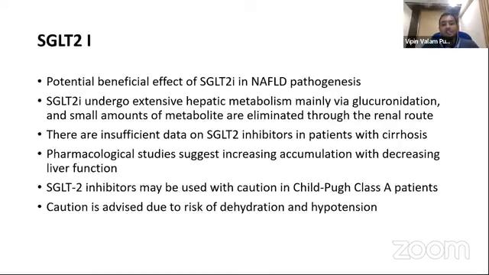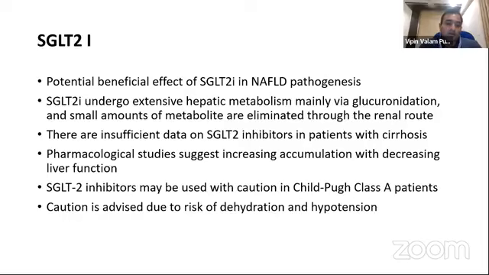Regarding the SGLT2 inhibitors, as Dr. Arun discussed, they have a beneficial effect on NAFLD pathogenesis because of visceral fat loss, but they undergo extensive hepatic metabolism, so there is insufficient data for their use in patients with cirrhosis.